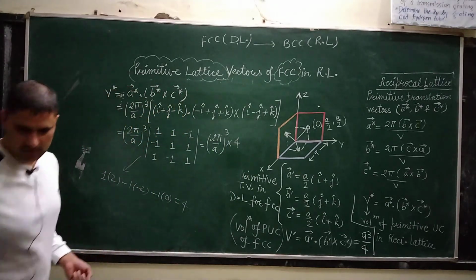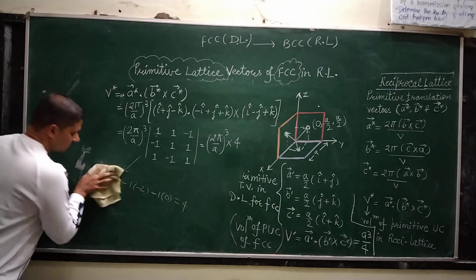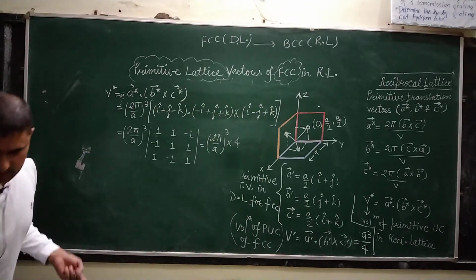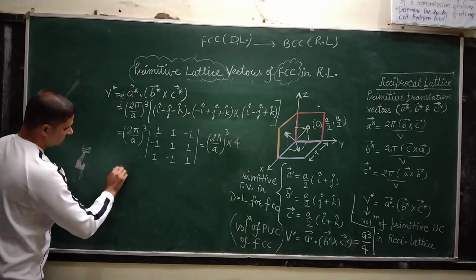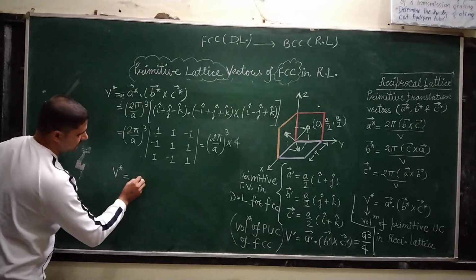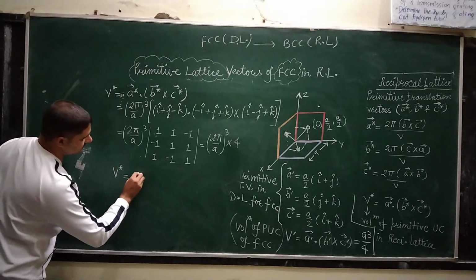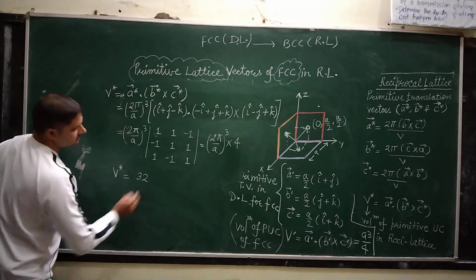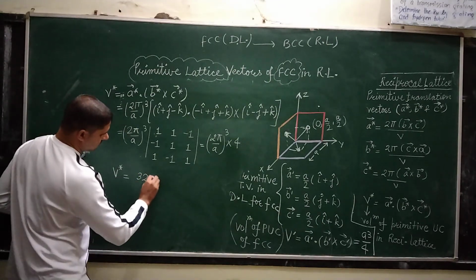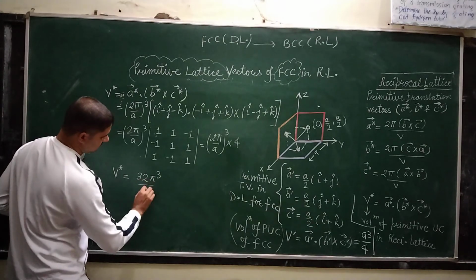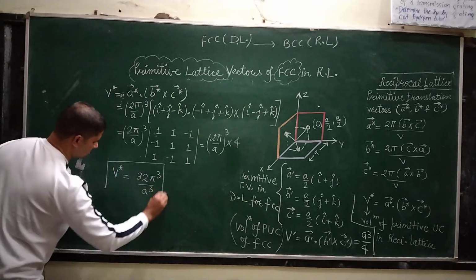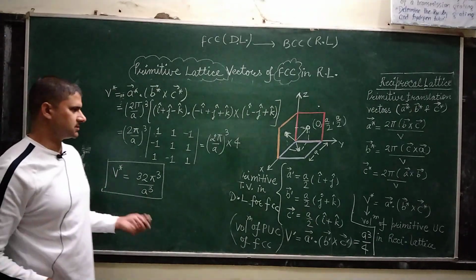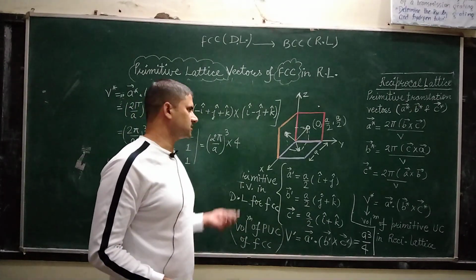So class, the volume of primitive unit cell in reciprocal lattice for FCC will be 32 pi cube by a cube. So this is the final result. Okay class, thank you for watching the lecture.